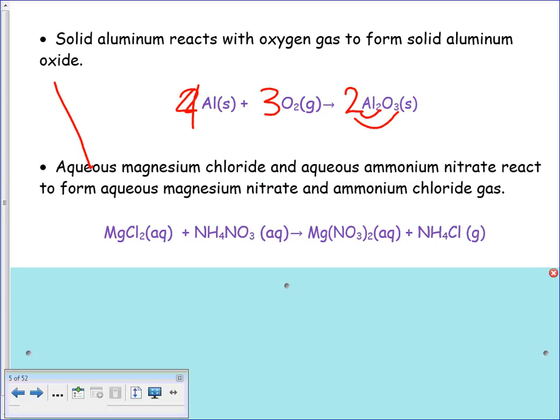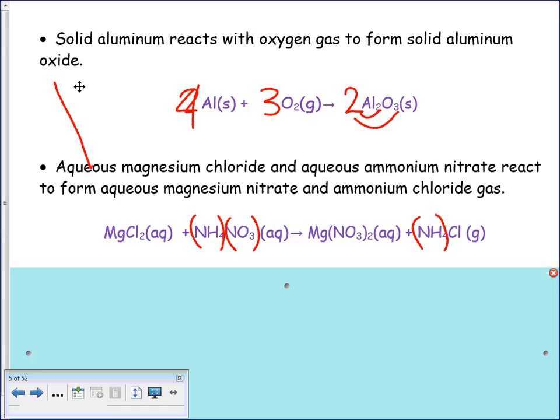Good. All right, this one, think of it as happy families, okay? So we have, what polyatomic ions do you notice? Okay, so ammonium and nitrate, and I'm just going to put parentheses around them for your sake. There's ammonium. Okay, how many magnesiums do I have? 1. How many chlorines? 2, and so what do I need?